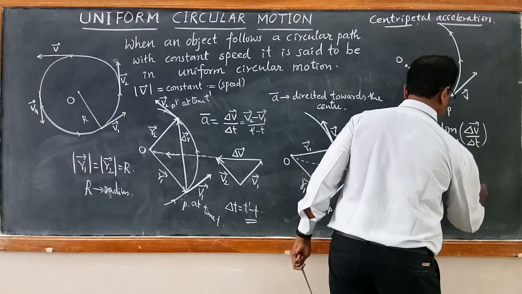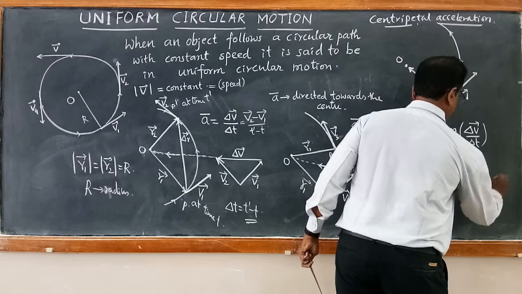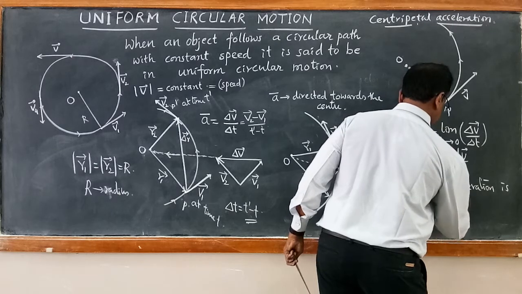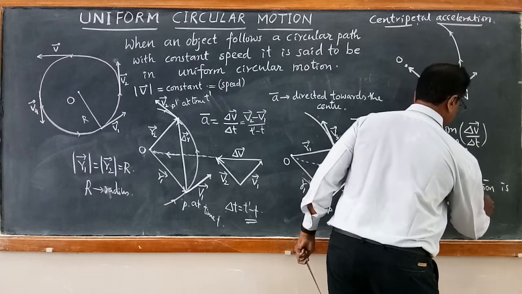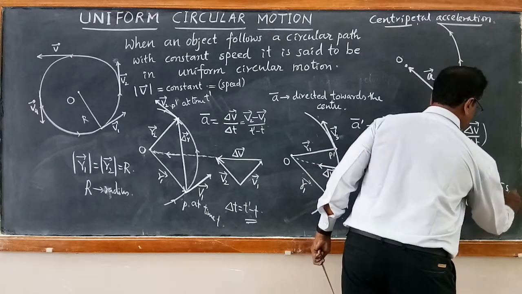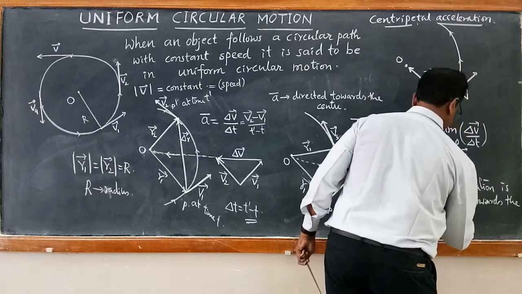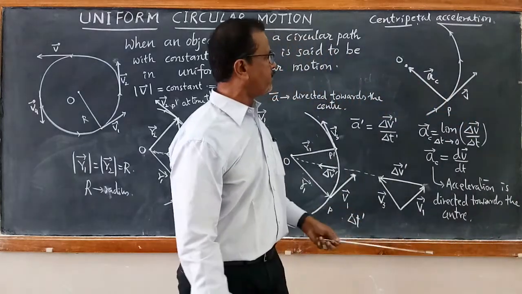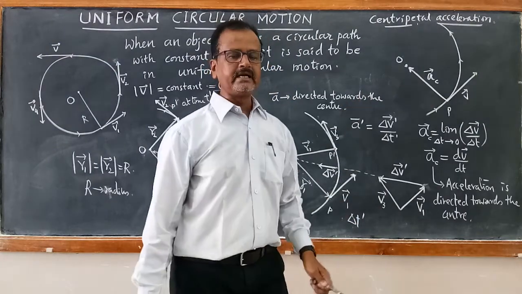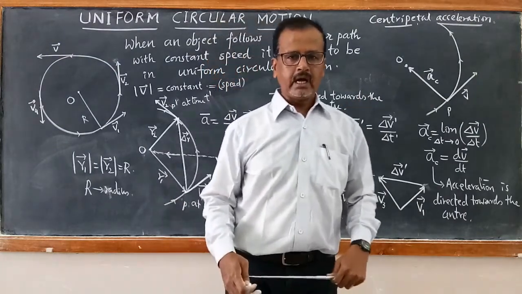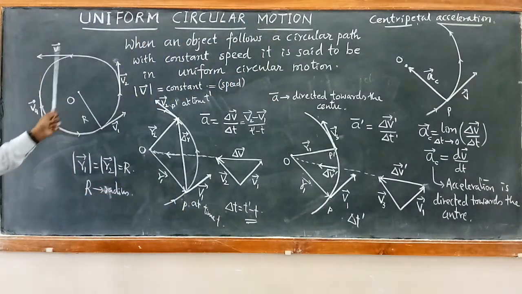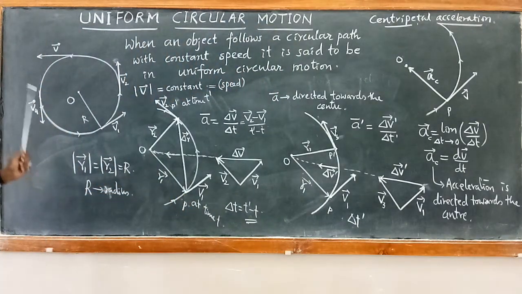Acceleration is directed towards the center at every point. It is directed towards the center at every point, therefore it is called centripetal acceleration. And if you want to find out, for example, come back to this circular path.